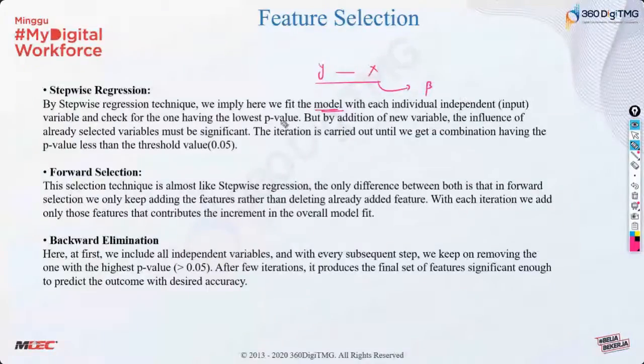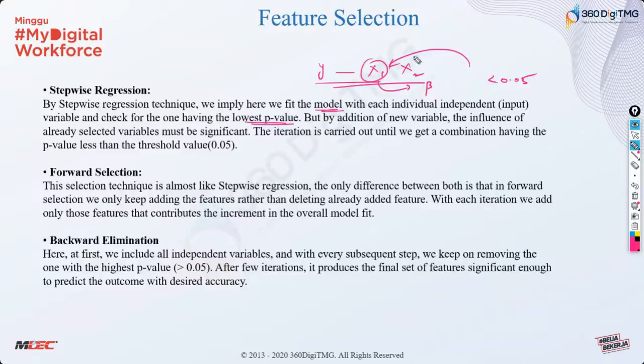Now this p-value should be low. Now we keep adding another variable. Once we've selected, let's say, one variable, we add another variable to it. So now you'll have x1 and x2, for example. For these two variables, we again look at the p-values.